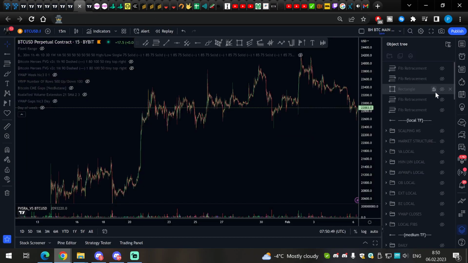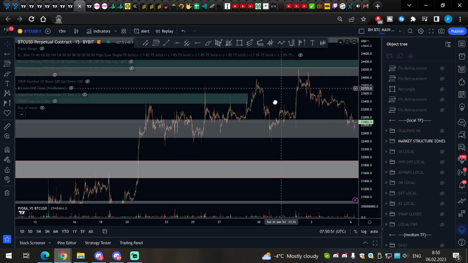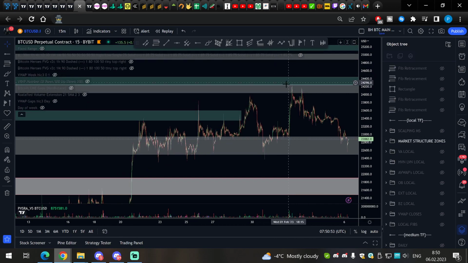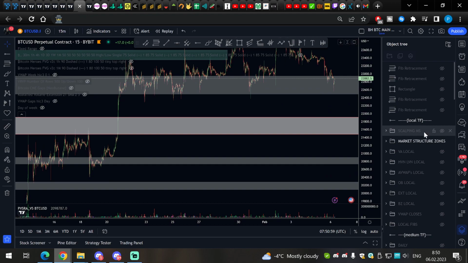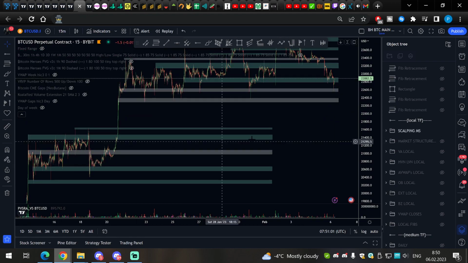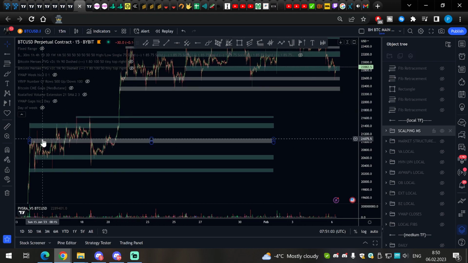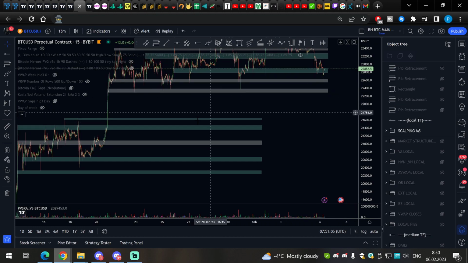I already showed you the reasoning. So we hit two market structures here for our shorts. If we lose this area, then we will be looking to this market structure support, and we have more local ones from this range. I will be just extending them and watching how we trade them. Those will be areas I want to trade to the downside.